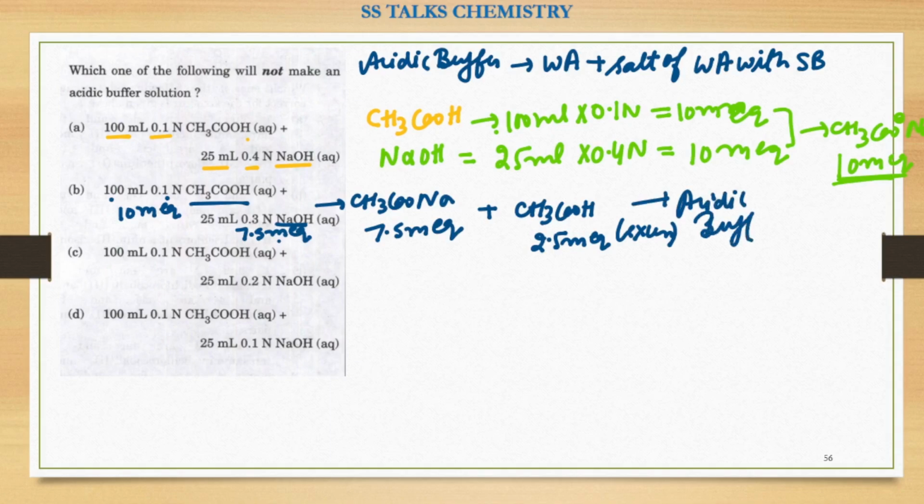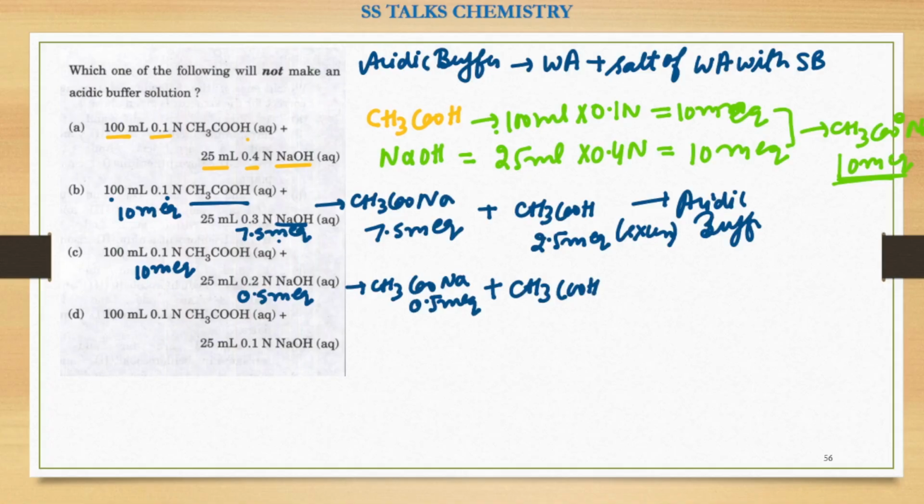Now in the next case, if you see, it is 100 ml of 0.1 normal, so 10 milliequivalents, and here you have NaOH which will be 5 milliequivalents. Again the acetic acid is present in excess. Here the sodium acetate formed, based upon the limiting reagent, will be 5 milliequivalents, and along with this some acetic acid, how many?